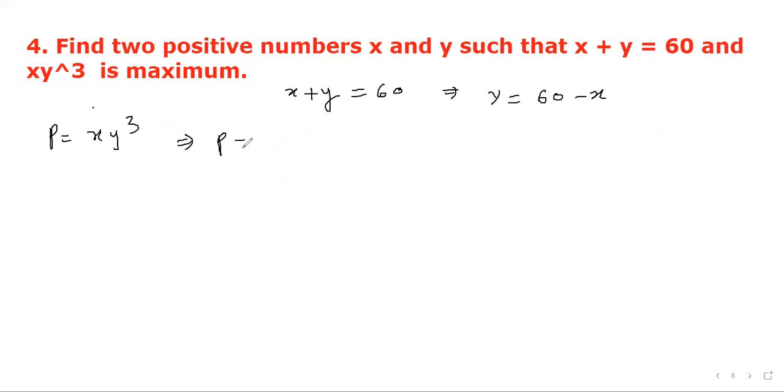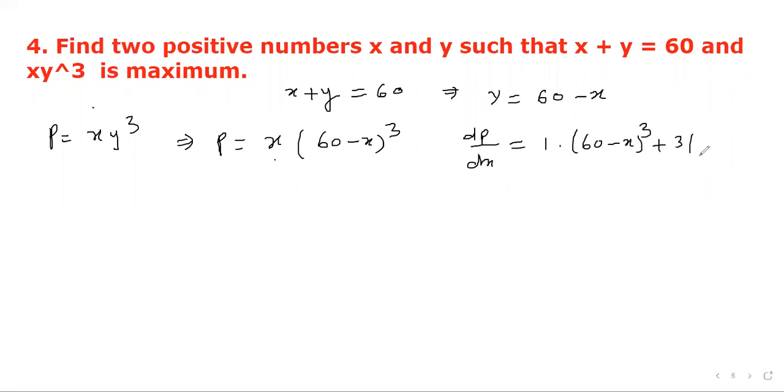So this gives p equal to x times (60 minus x) whole cube. We differentiate it, dp upon dx. Apply product rule. Differentiation of the first will give 1, the second will remain intact. Now we differentiate the second: 3 times (60 minus x) whole square into minus 1, times x.